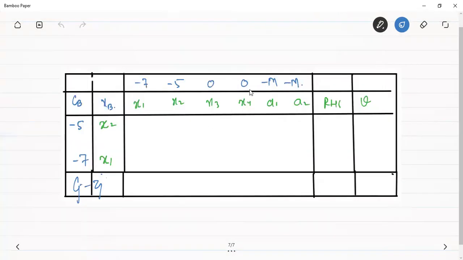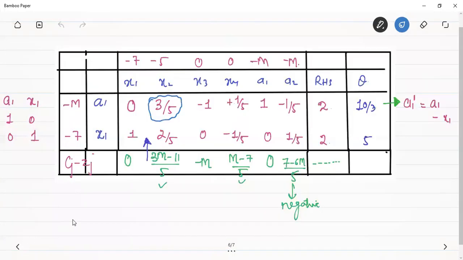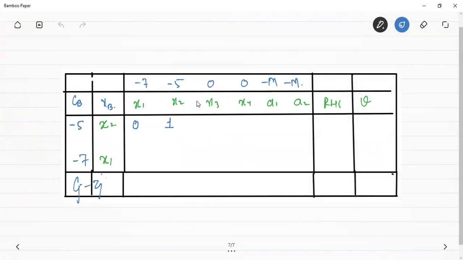So the first element will be 0, this element will be 1. After that, -1 divided by 3 by 5, I think that will be equal to -5 by 3. So just wait a second.